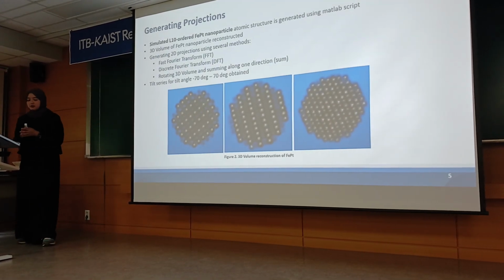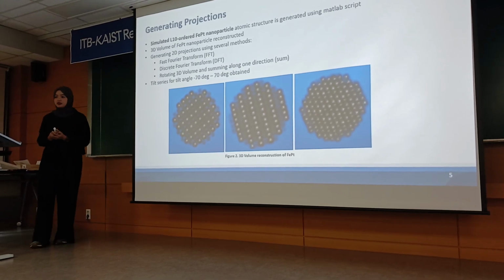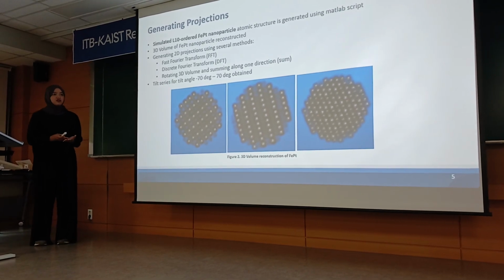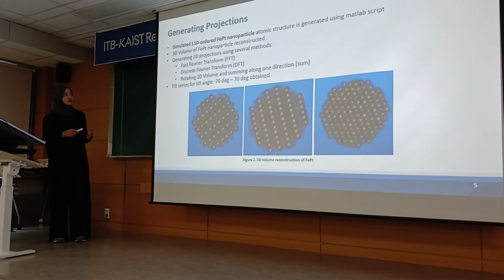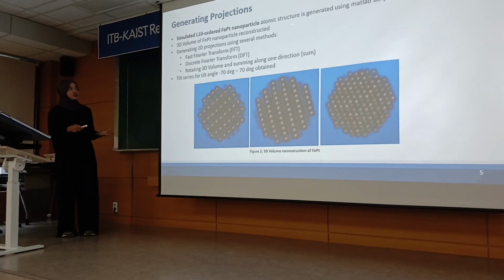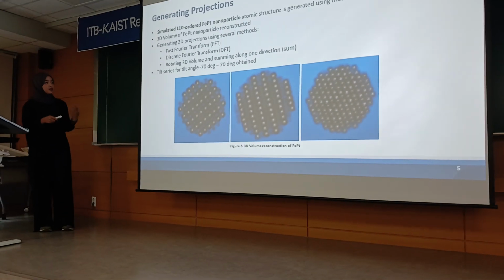So the first step is generating the projection. From the MATLAB script provided by the tutorial page in Professor Yong-Soo Yang's lab, I simulated the L10 ordered FePt nanoparticle atomic structure and tried to reconstruct the 3D volume of the nanoparticle.